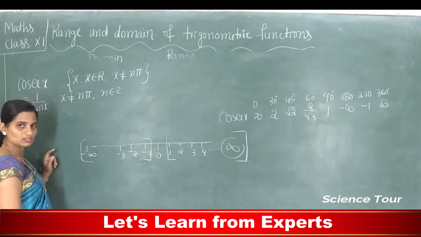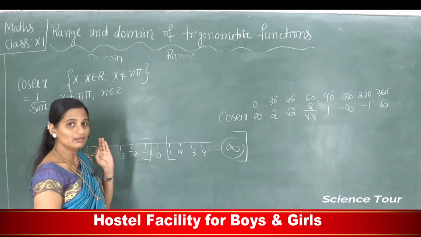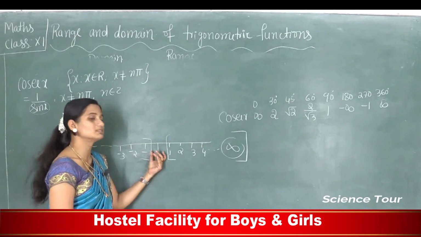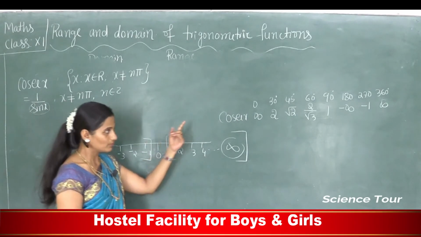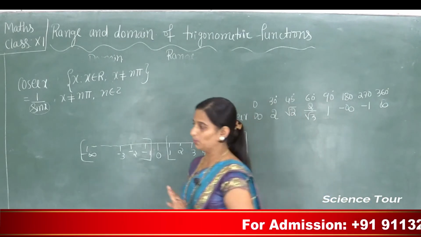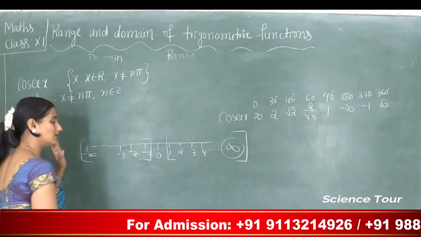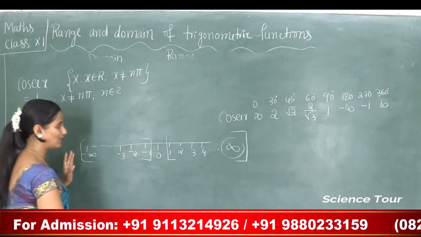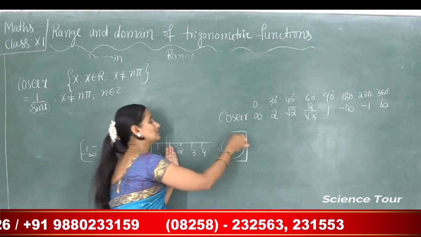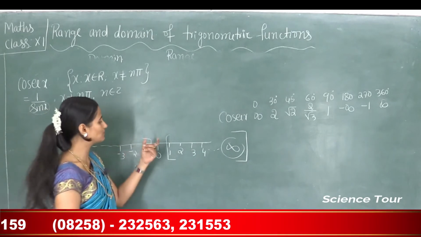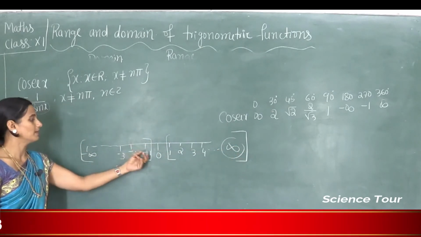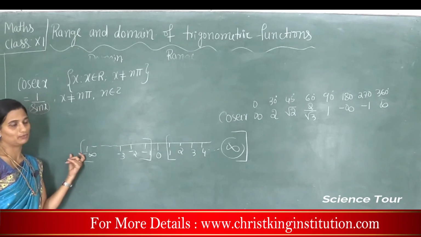It includes these. For any value of degree, do we get 0 here? No. The values of cosecant lie in this range and in this range. That means the numbers from 1 to infinity and the numbers from minus 1 to minus infinity.